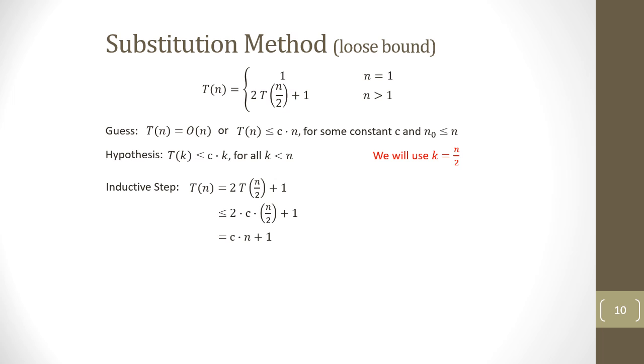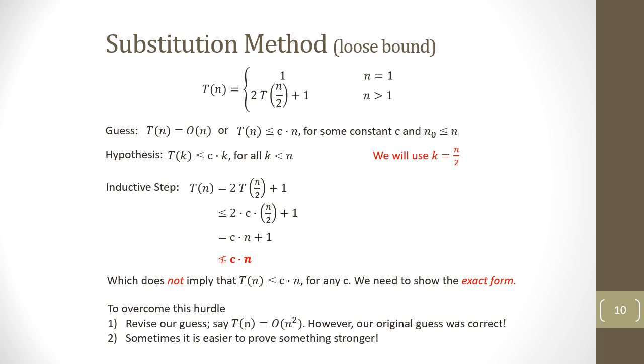And we get Cn plus 1, which does not imply that T of n is less than Cn, because there is a positive constant being added to Cn, which makes it greater than the actual Cn. We need to show the exact form. Although this is order of n, but by induction step we cannot prove this.